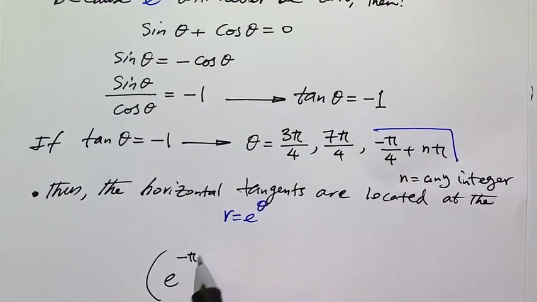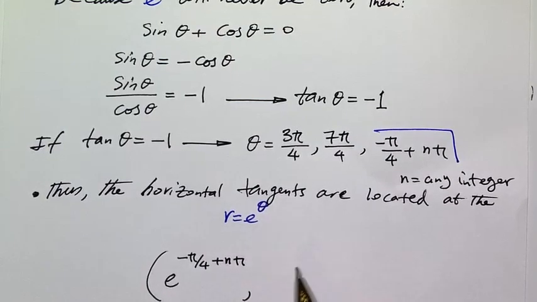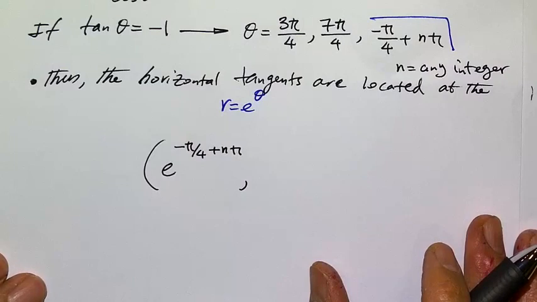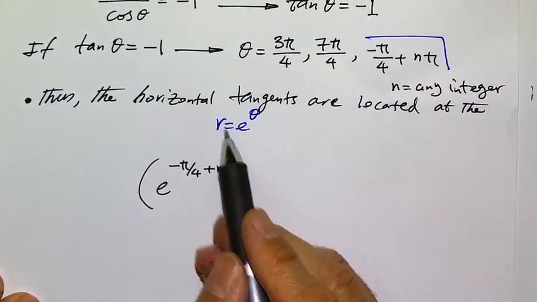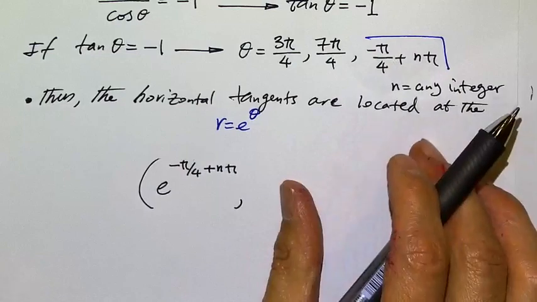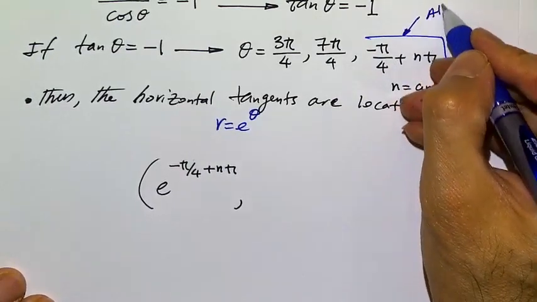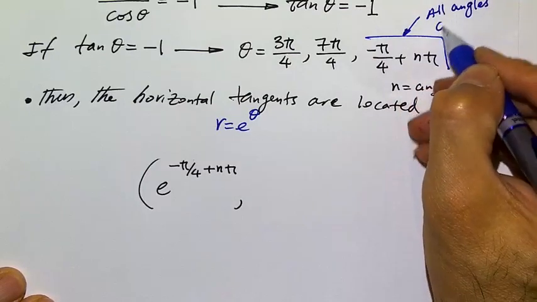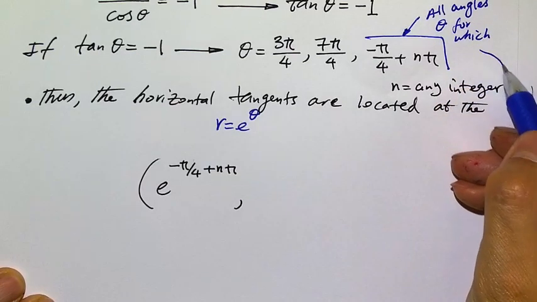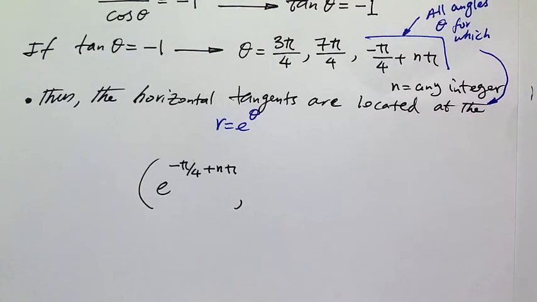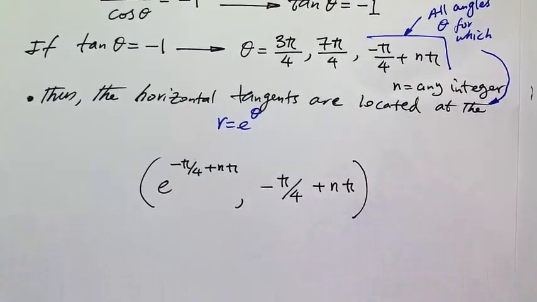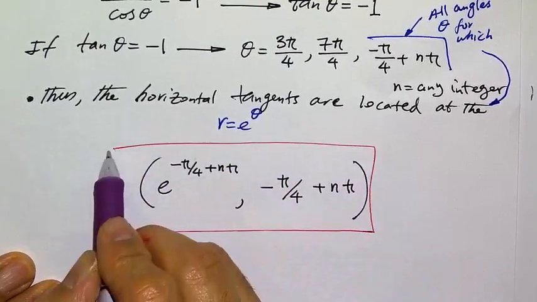So r is e to the power of minus pi over 4 plus n pi, and theta would be minus pi over 4 plus n pi. This is again the general form for all angles theta for which we have the horizontal tangents located.